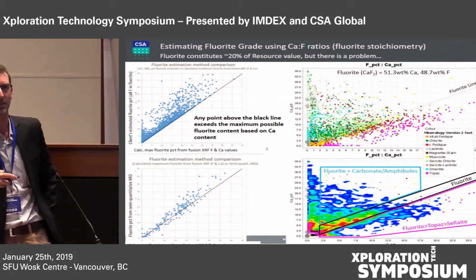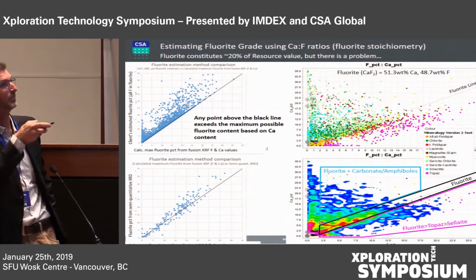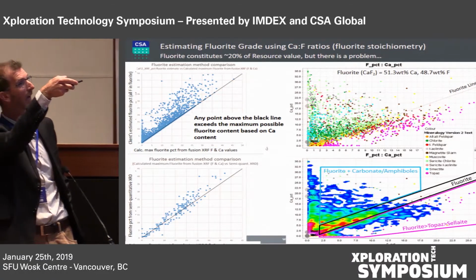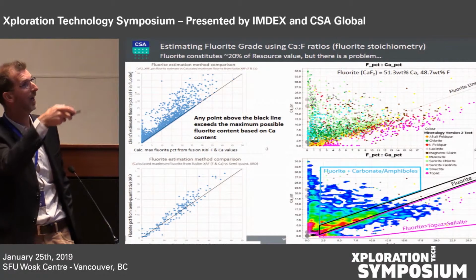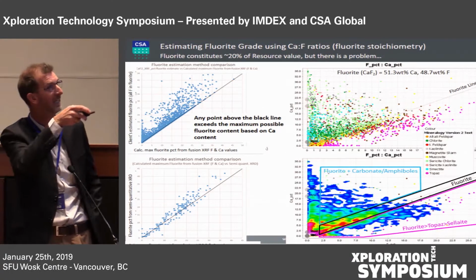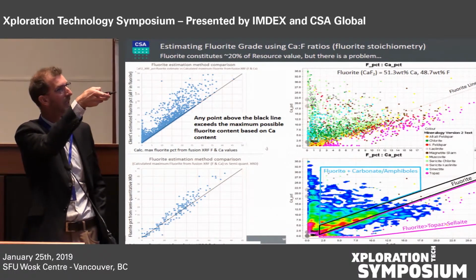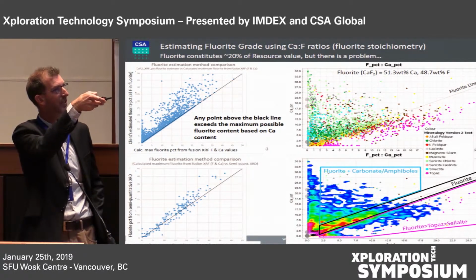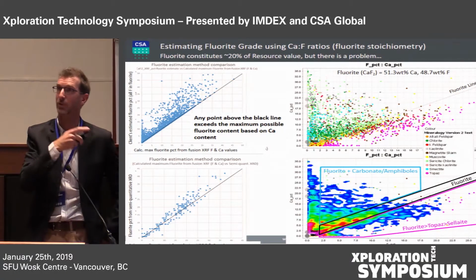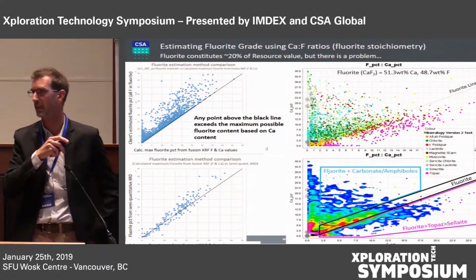We were able to take that multi-element geochemistry and look at the maximum possible fluorite, in this instance close to this line here. Anything above that line is fluorite and carbonate and amphiboles, but down here, this is excess fluorine, sorry, reporting to topaz and salite.